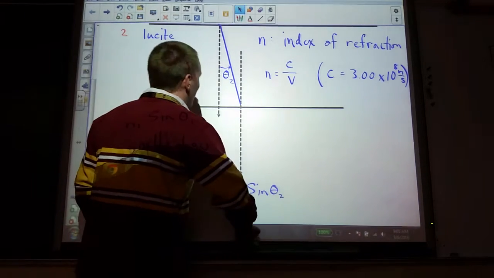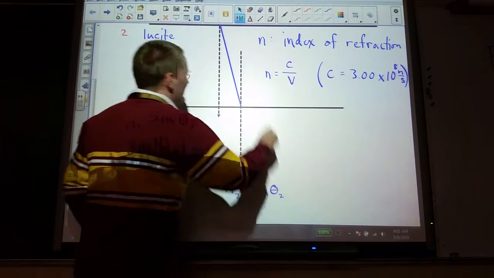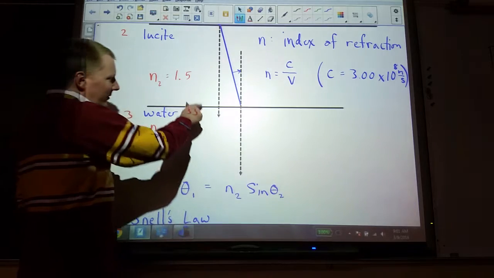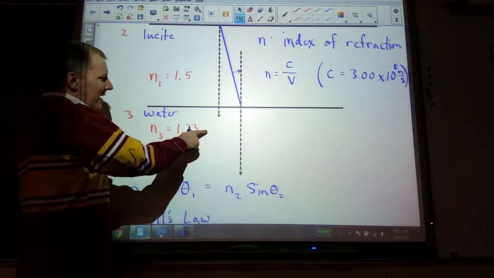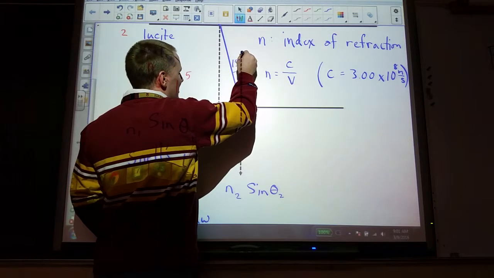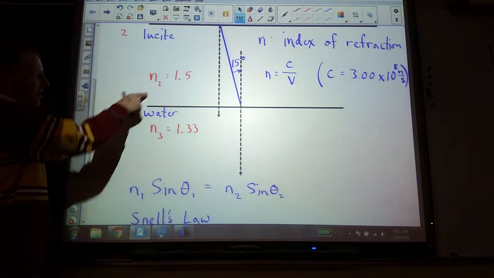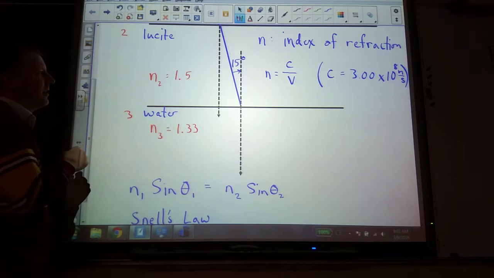So let's say we're following this ray, and this ray strikes the interface between the lucite and the water at an angle of 15 degrees. That'd be our theta 1. We could label it theta 2 and theta 3, that's fine.